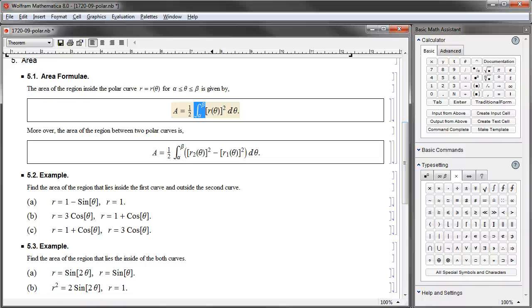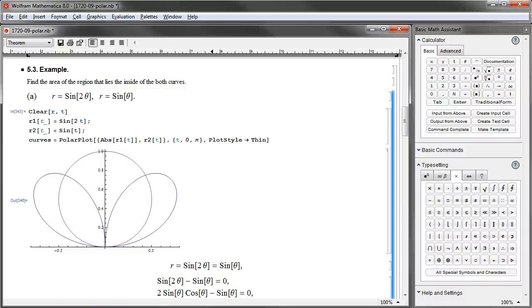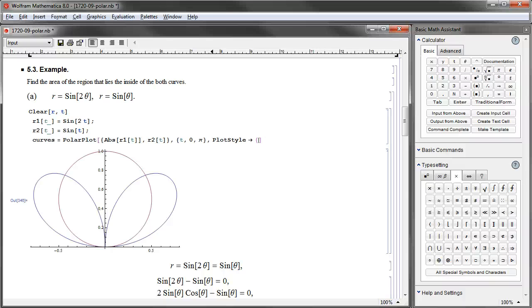And there's no better way than to see a picture. And then here we go. Sine of 2 theta is the blue curve this time when t is moving from 0 to pi, and r equal to sine of t is the red curve, the circle.